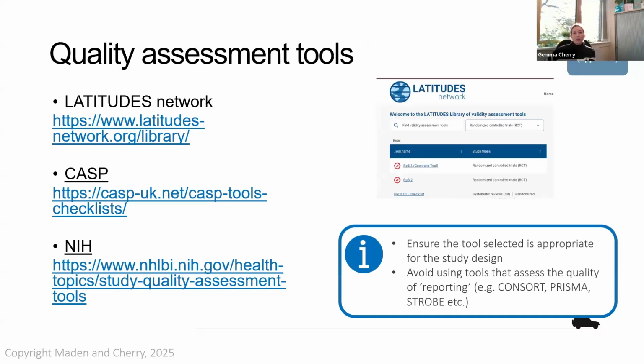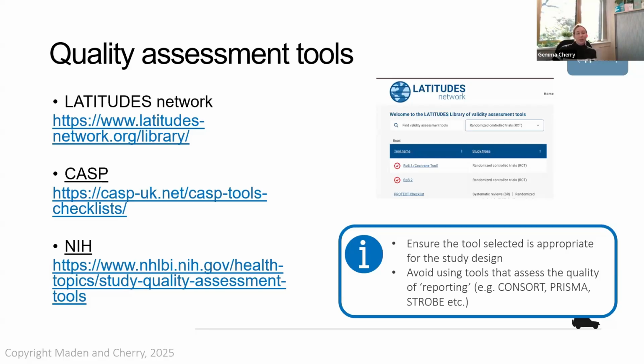And again, there are lots of tools available to help with quality assessment, and we've put a couple of examples up there. But it's really important to make sure that your tool fits your study design. So please don't confuse quality assessment tools with tools for reporting the quality of reporting of a study. One of the common errors we see with quality assessment tools is the selection of the wrong tool.